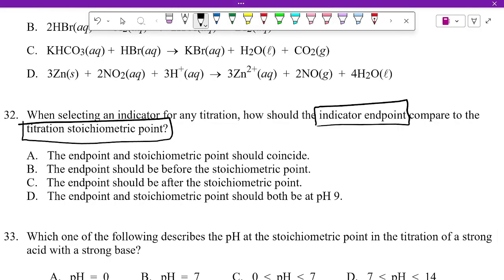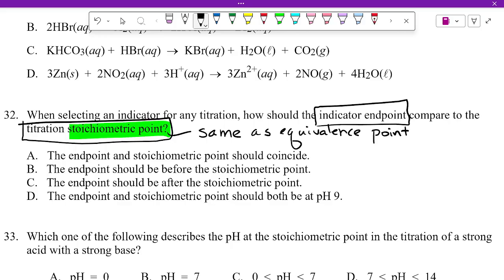Let's just be clear what a stoichiometric point is. The stoichiometric point is the same as the equivalence point. It is the point at which the stoichiometry is perfectly fulfilled and there is no excess of one or the other. Yeah?